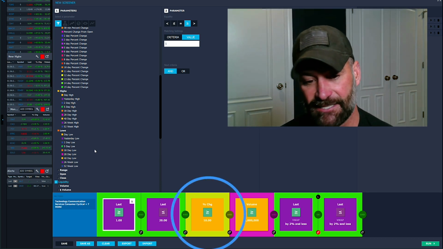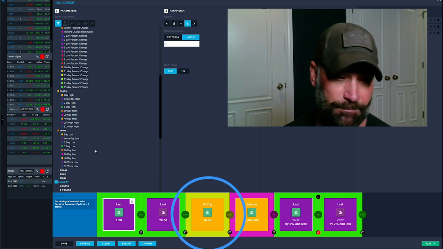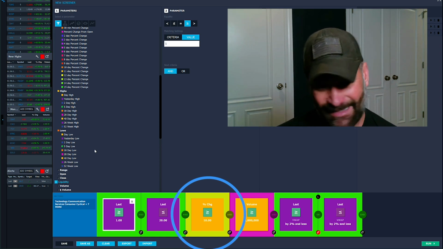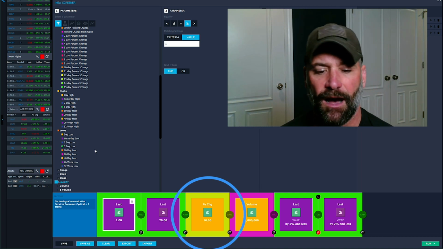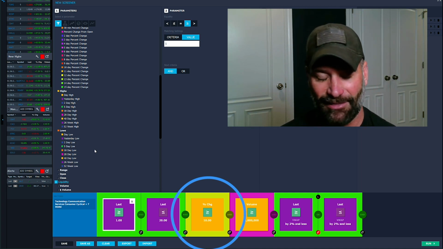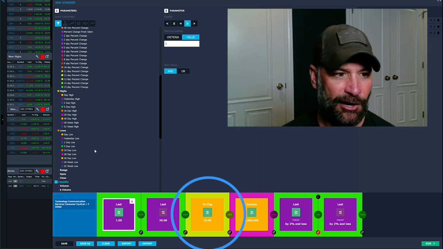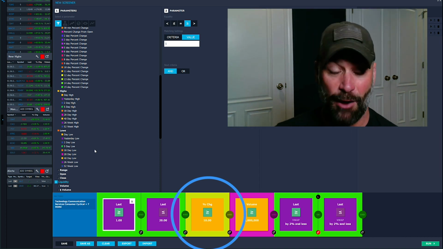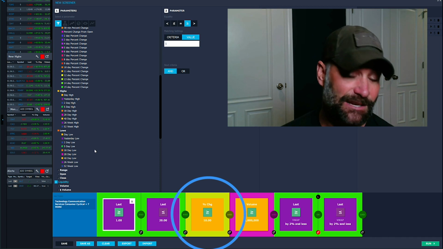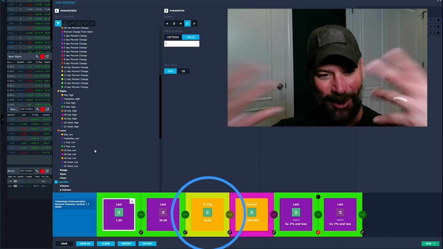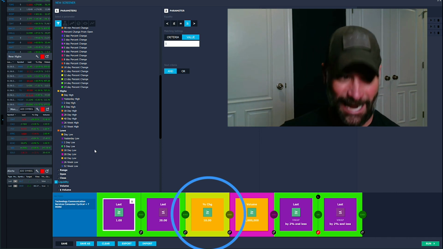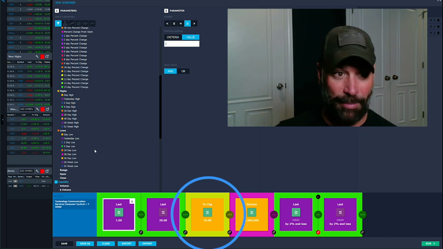Next criteria is up more than 10% a day. That's the lower range, really. I mean, most days, that greater than 10% gainer, I joke that I almost need to update a lot of these scans for 2020, because prior to 2020, 10% or above was like, wow, big mover.